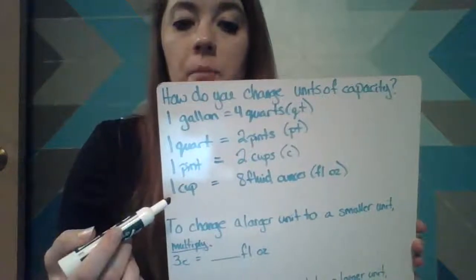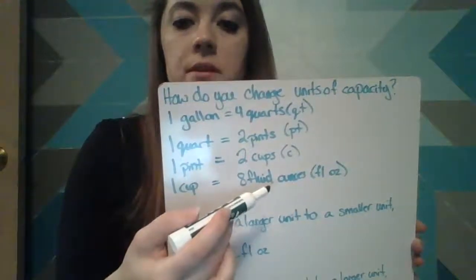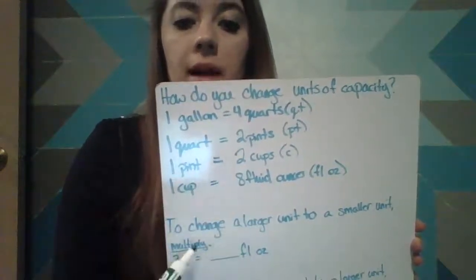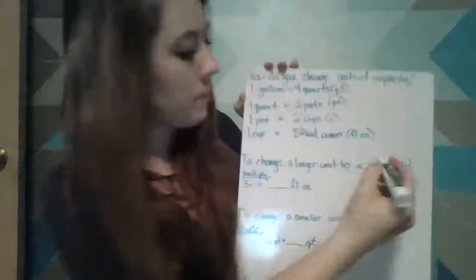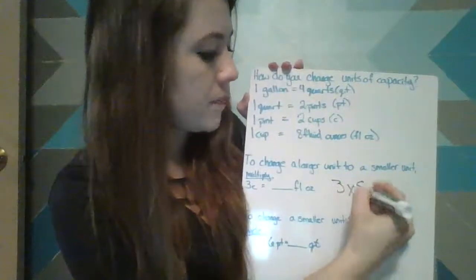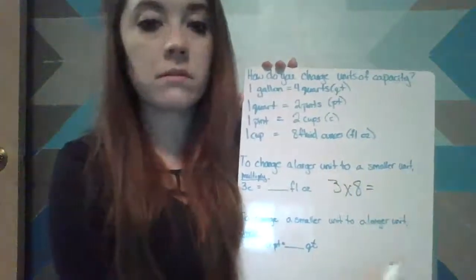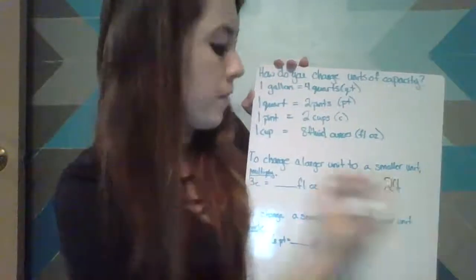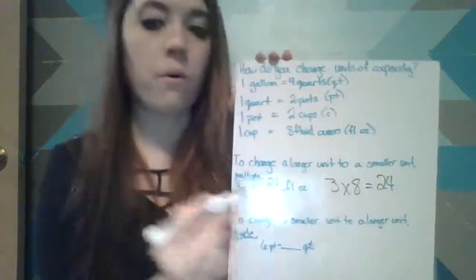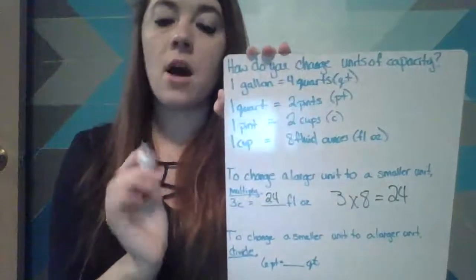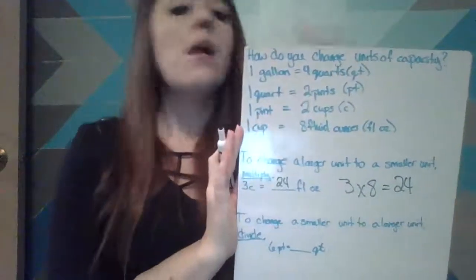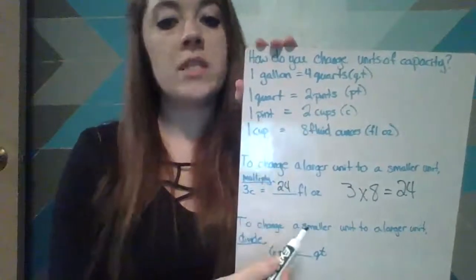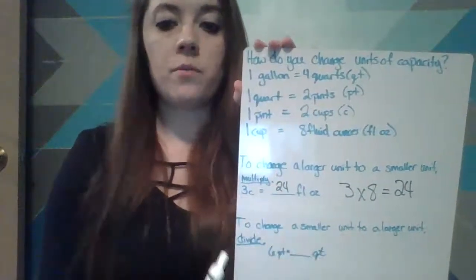Well, a cup is larger than fluid ounces, so we're going to multiply by 8. 3 times 8 equals 24. So it's 24 fluid ounces in 3 cups. Excellent.